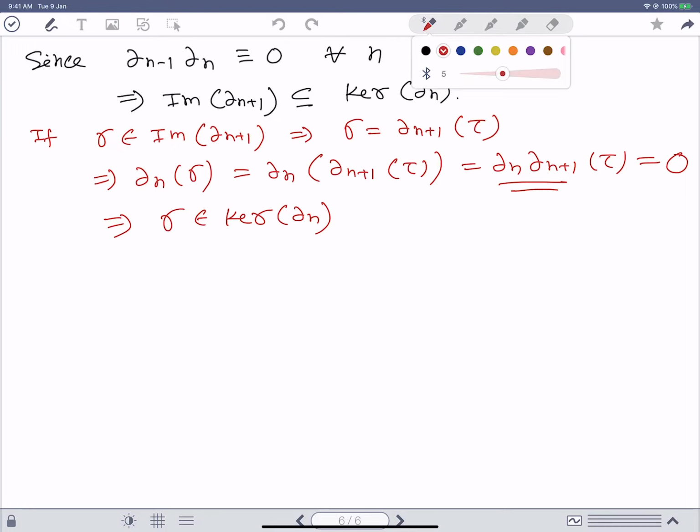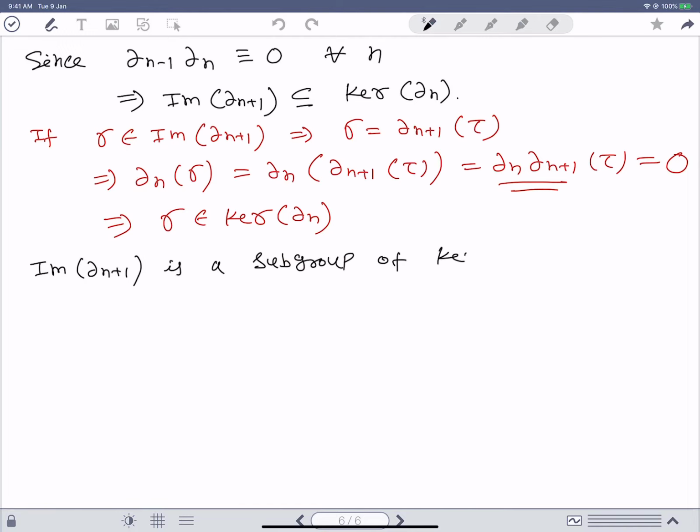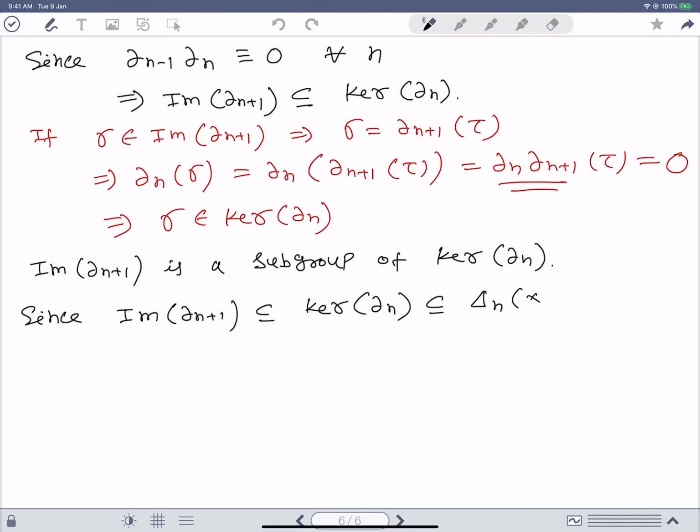So we can say that since both are groups, image of del n plus 1 is a subgroup of kernel of del n. Now also we know that all of these are abelian groups, right? This is a subgroup of kernel of del n, and this is also a subgroup of delta n x, right?